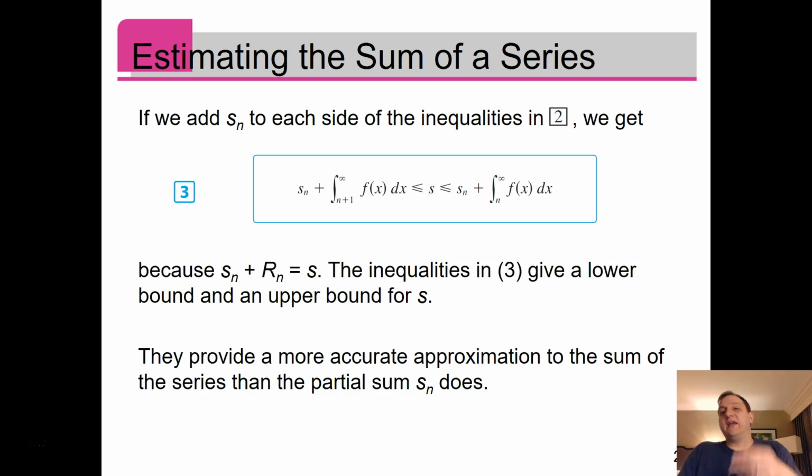Also, just to be clear, using these expressions gives a more accurate approximation than just using the partial sum. It's not really that critical. We don't usually care what the sum is. We just need to say, how close is close enough? Okay, I think that should do it.